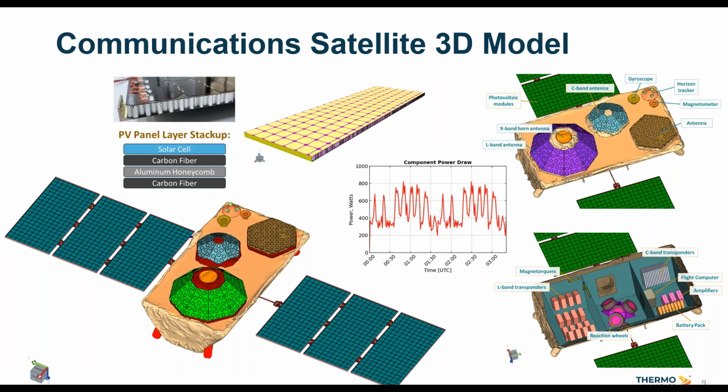Helping to power these electronics, we have a number of solar panels deployed on each side, and we see a multi-layer stack-up that we're using to represent this solar panel. We've got a thin solar cell, then a carbon fiber layer, and between that and the rear-facing carbon fiber layer, we've got an aluminum honeycomb providing some internal structure.